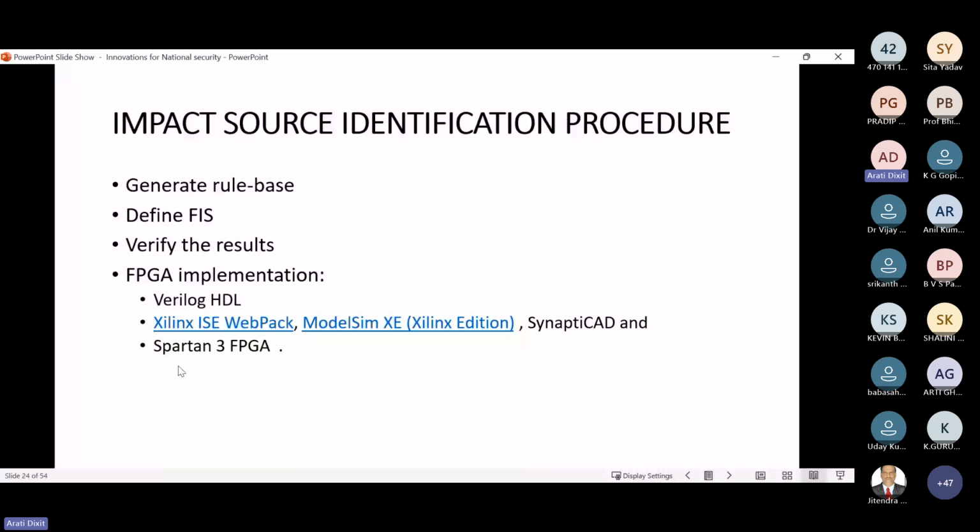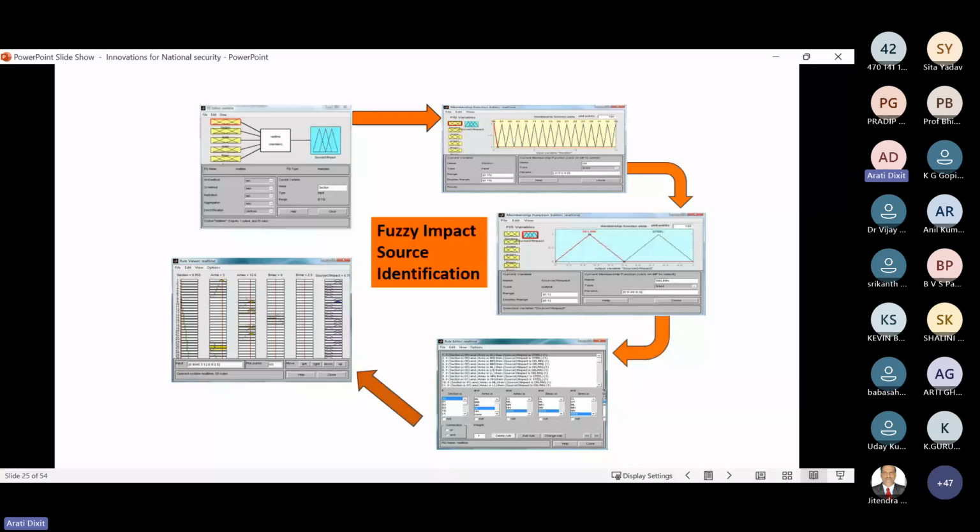So again, the fuzzy impact source identification algorithm model was devised, and that helped in concluding what is a possible impact source.